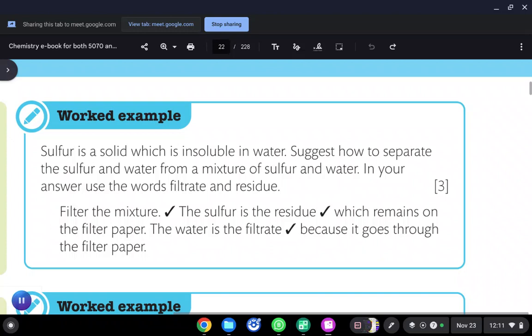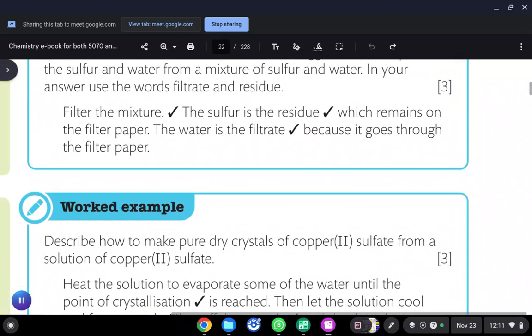The water is the filtrate because it goes through the filter paper. That's how we can gain 3 marks, and we have prepared ourselves for such questions. Did we?